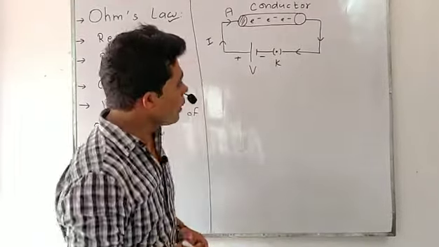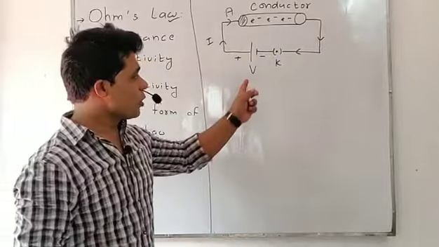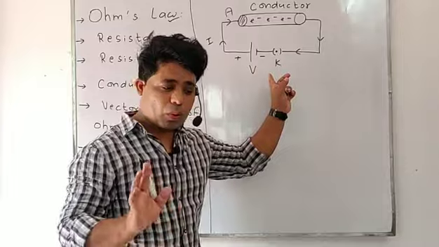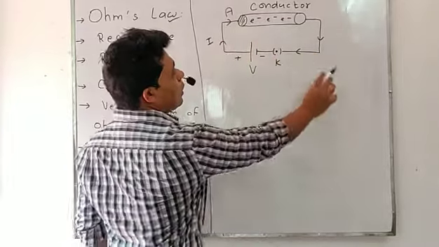Okay, Ohm's law is about the conductor. A conductor is connected with a cell having potential V and switch K. When the switch is on, current I will flow through the conductor.